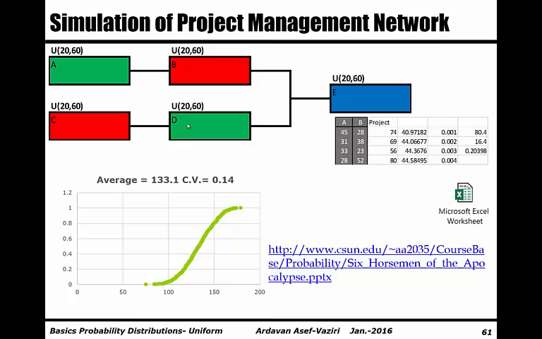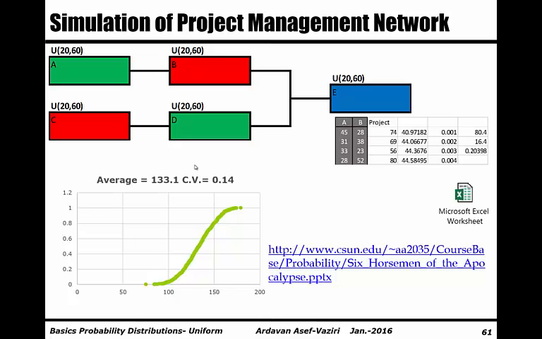In project management, those who developed the PERT system, program evaluation and review technique, assumed that the duration of activities follows a beta distribution. And then the triangular distribution is a good distribution to estimate beta.